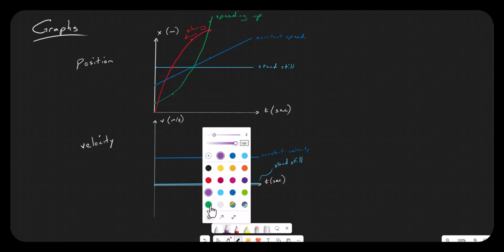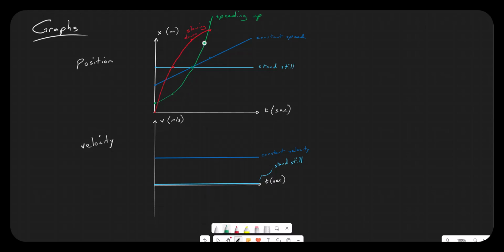The green one. This was for speeding up. In the first 2 seconds, our position is increasing, but we're speeding up, right? So we are starting off moving slowly, and then a little bit later we're moving faster, we're covering more ground.